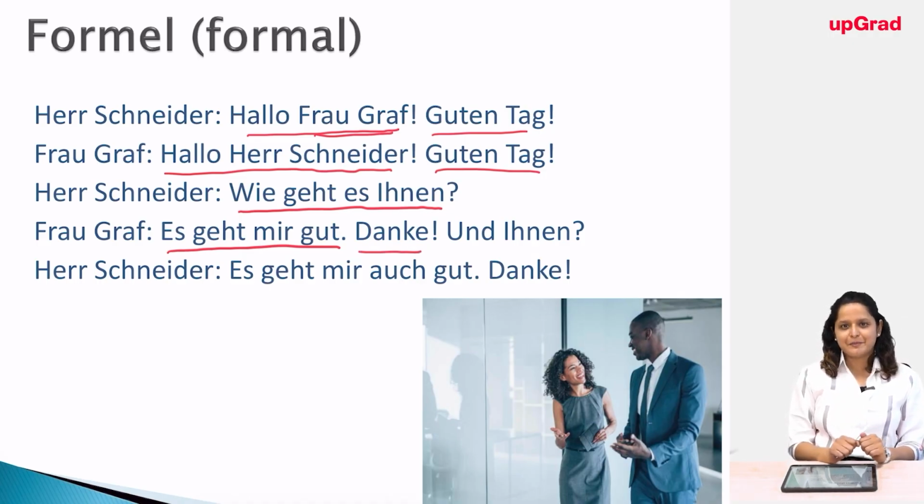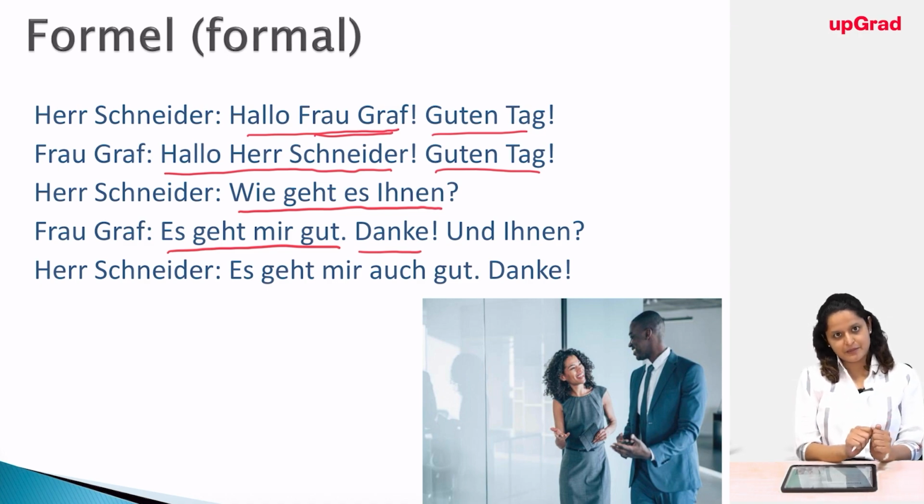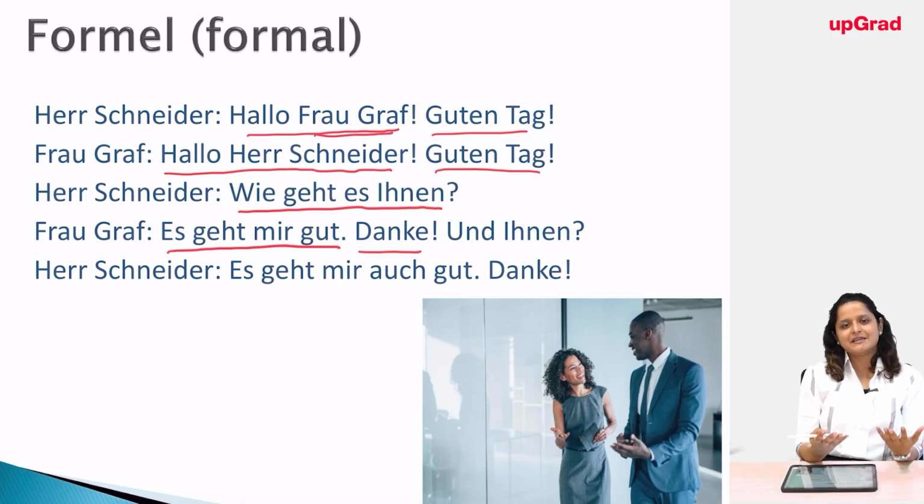The reason for that being, when we talk of formal and informal, the address is formal and informal. The person responding, it doesn't matter if they are addressed formally or informally, they will basically give a response in the same manner.